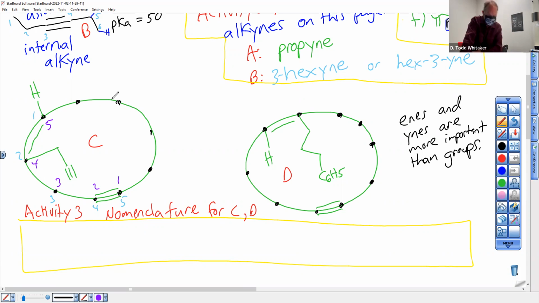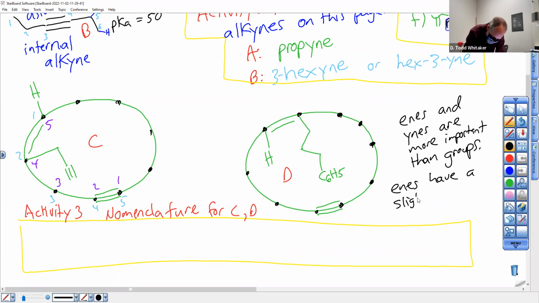Okay. Enes have a higher priority by this much right here. Okay? So we keep the E number 1. Enes have a slightly higher priority because they can be E or Z because of geometry. Can an alkyne ever be E or Z? It's linear.